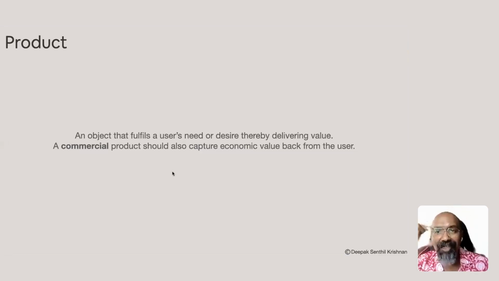So when you add in that layer of commercial product, the way I'd like to differentiate is to say that a commercial product should also be able to capture some part of the economic value back for the business and therefore the shareholders of the organization, right? So ultimately, great products help in delivering value that fulfill a user's need or desire. And a commercial product, therefore, should also aim at capturing some of that economic value back for the business and shareholders as well.